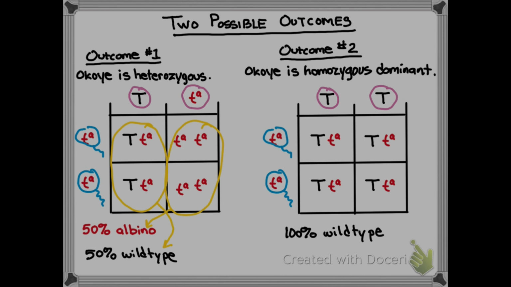So either the offspring that Mr. Pickles and Okoye have will be 50% albino and 50% wild type, or they'll all be wild type. And that will help me determine what genotype Okoye has for the TYR gene.